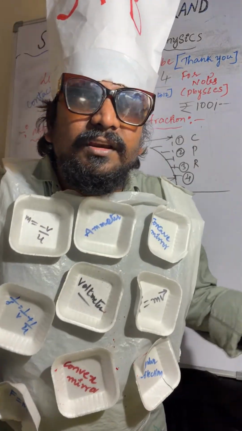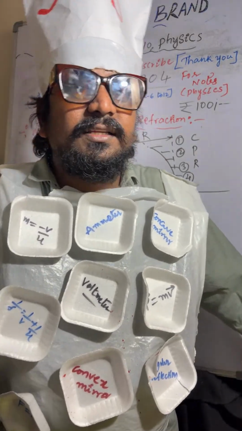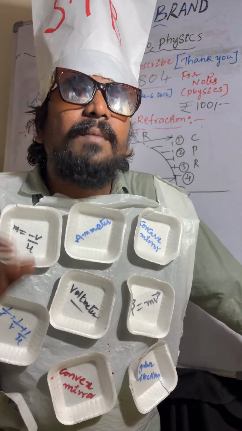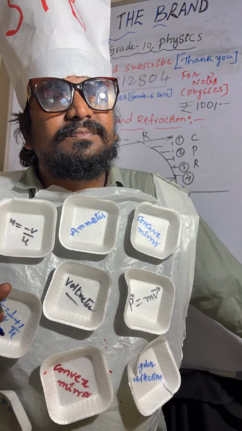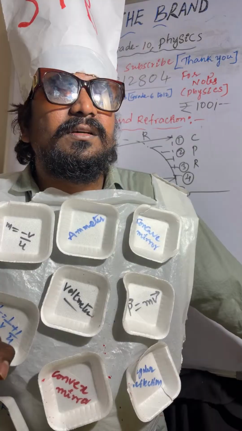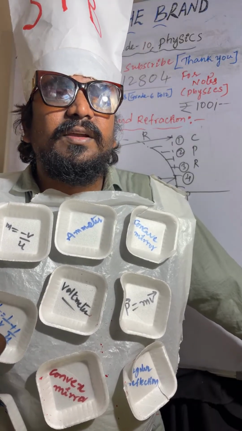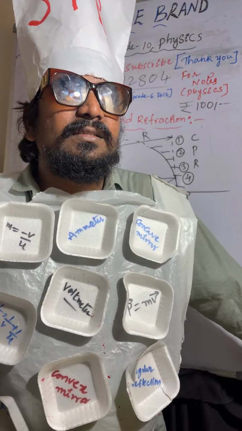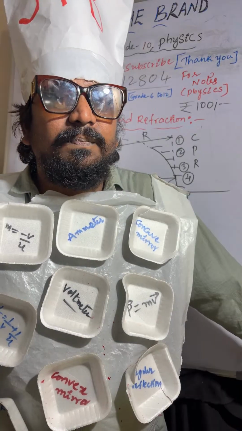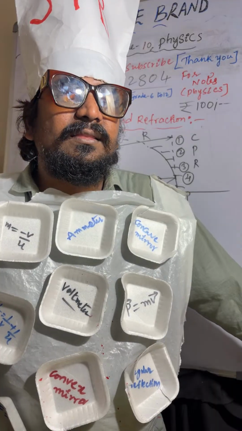The diameter, or width, of the reflecting surface is called aperture. So we have center of curvature, pole, radius of curvature, principal axis, aperture, and focal length.